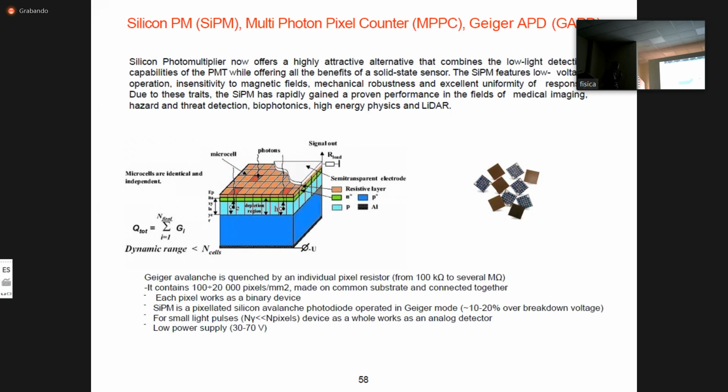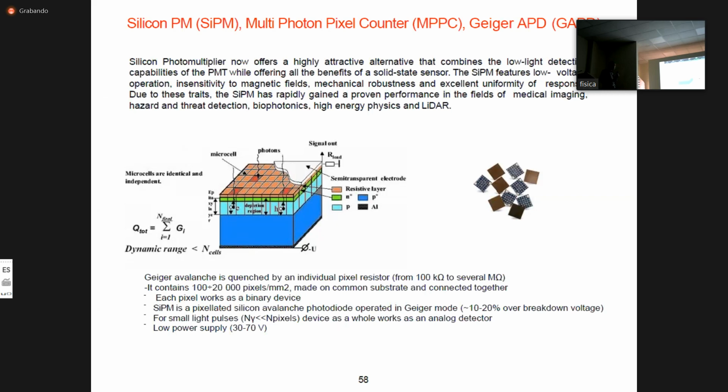And when a photon hits a pixel, it creates a signal, as in conventional photodiodes. Actually, this is an ensemble and a matrix of avalanche photodiodes. You have a lot of small photodiodes which are located and connected to each other.